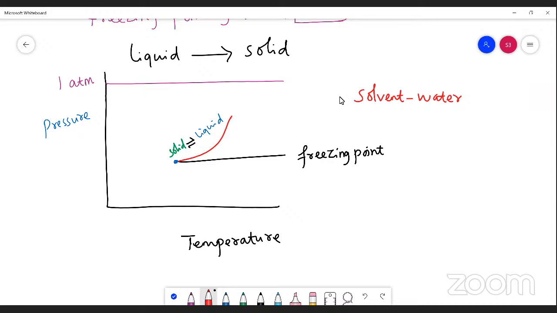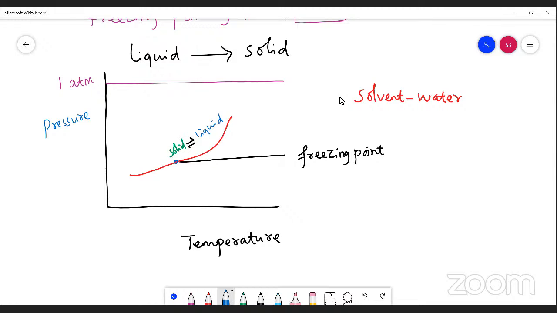After that conversion of liquid, it starts to convert to solid. After that, it exists as a solid. So the curve looks like this. This midpoint we are taking as the freezing point. At this point, the liquid starts to convert into solid.